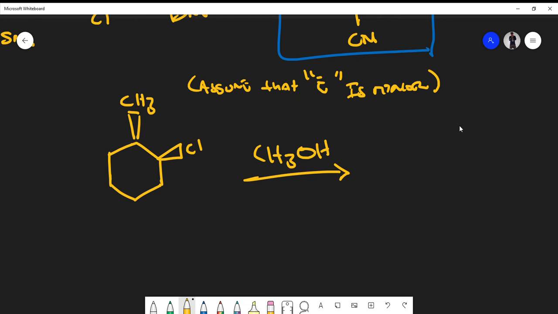Well, the alkyl halide that I have is on a secondary alkyl. And my nucleophile in this case, which is the methanol, is not strong. So it is a weak nucleophile. I'm on a secondary alkyl halide, right?